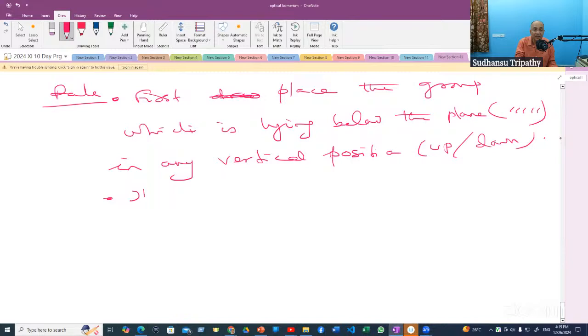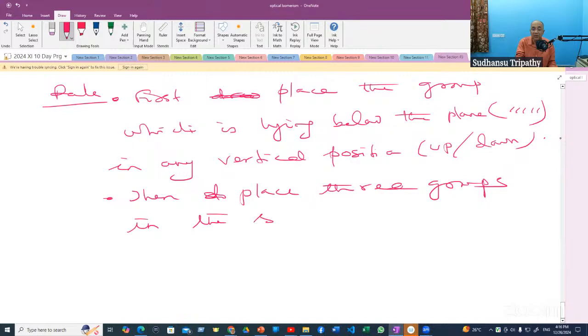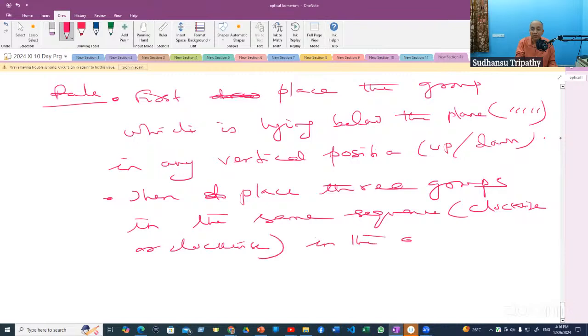Then draw or place the other three groups in the same sequence, either clockwise or anti-clockwise, whichever is suitable to you, in the other positions.